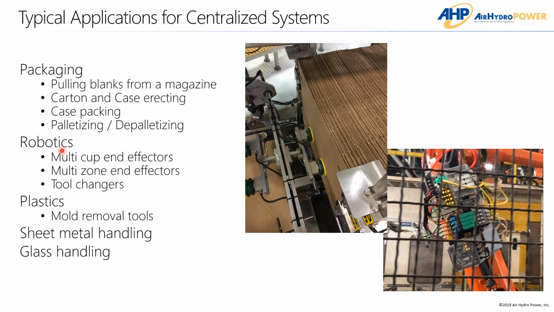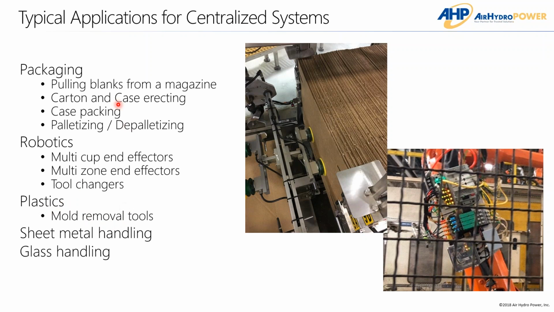And then on robotics, as I mentioned in the beginning, this can be as simple as, hey, we just don't have the weight. We have to shave everything off, and so that's where a centralized system can be seen more on robots. And then it talks about tool changers. As you can imagine, if you only have to worry about the cups for each set of tooling, it becomes a lot more cost effective if you've got a large number of tools that you're changing out.